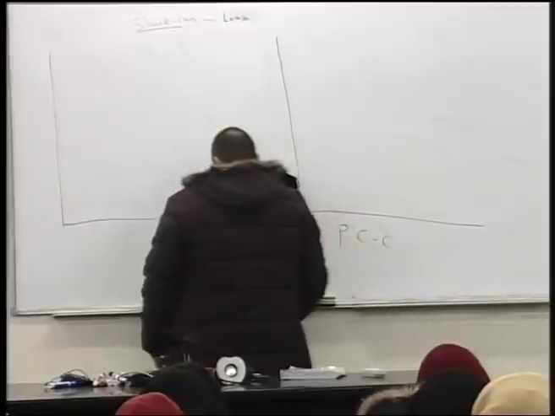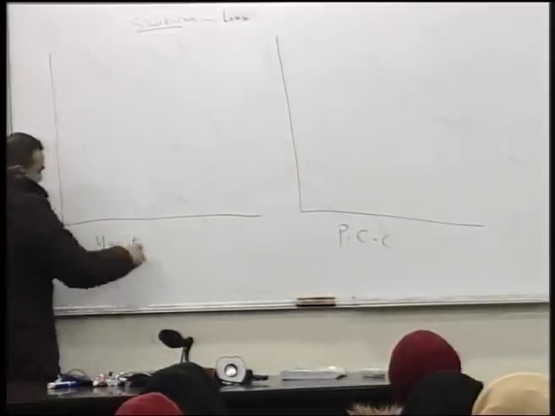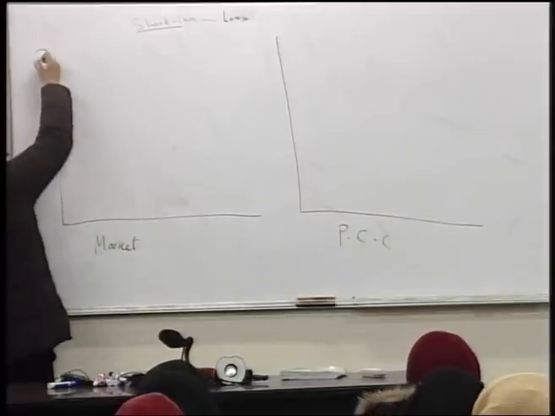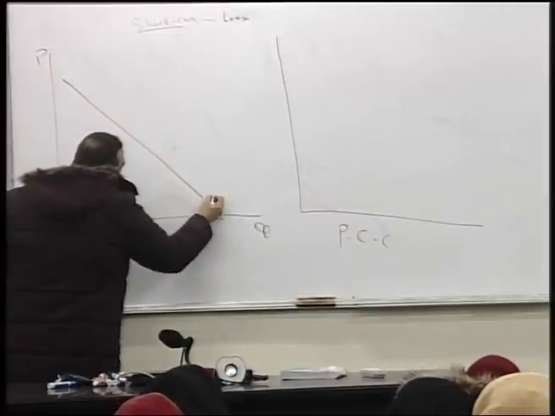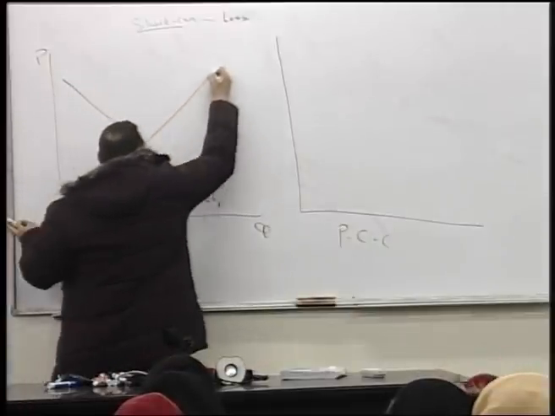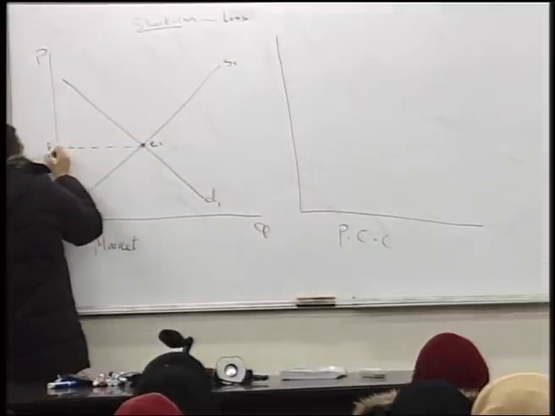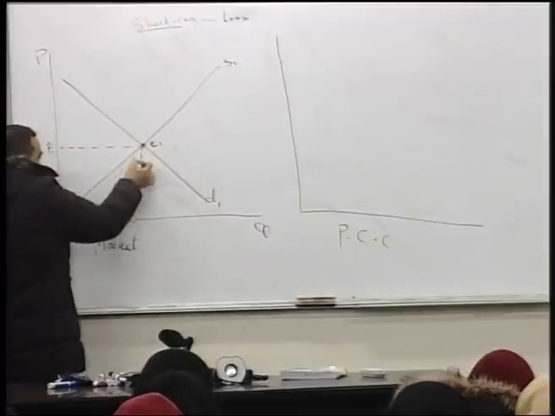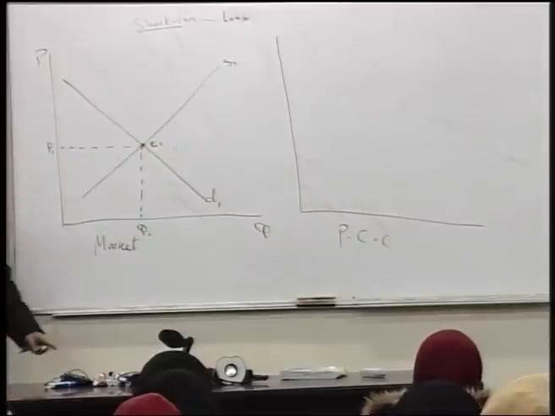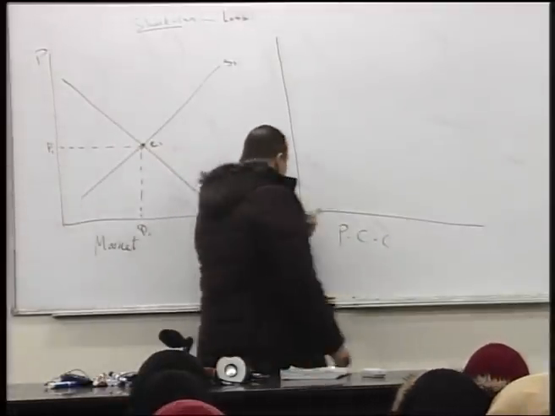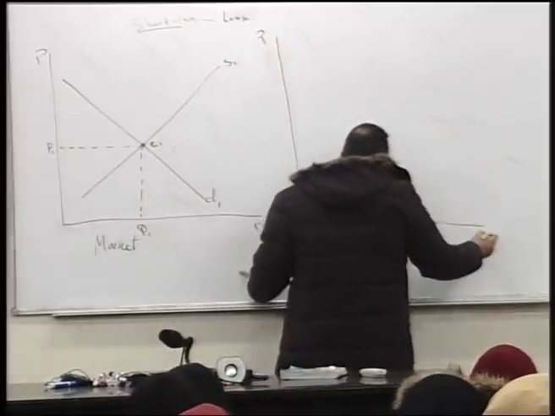Perfect competition market, price and quantity: D1, S1, E1, the price is P1, and the quantity for the market as a whole, Q1. The company that works in the perfect competition market is a price taker, not a price maker.